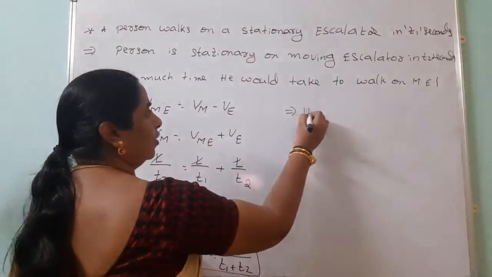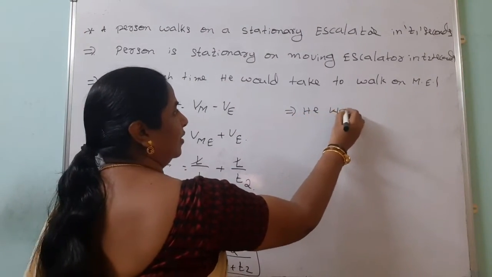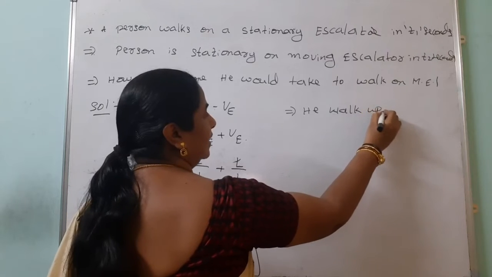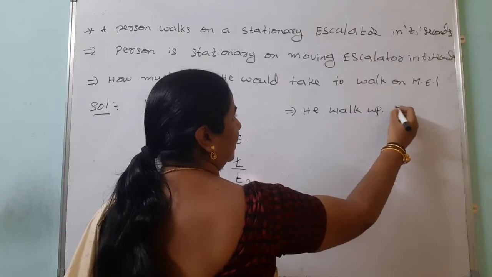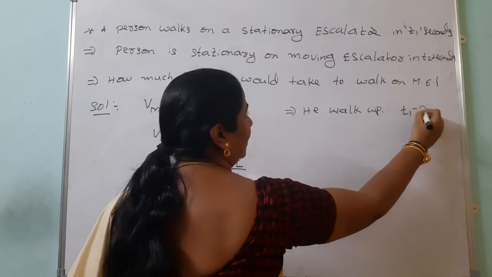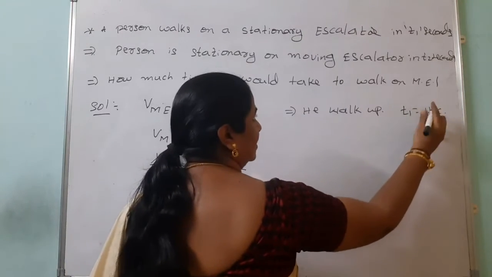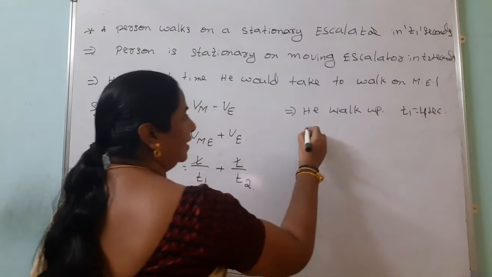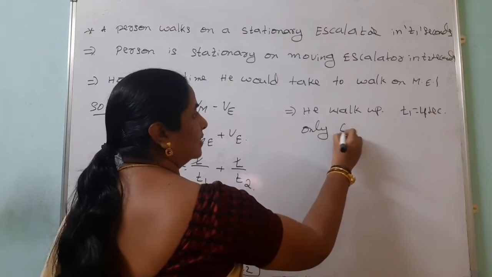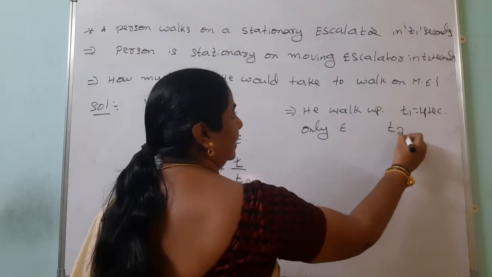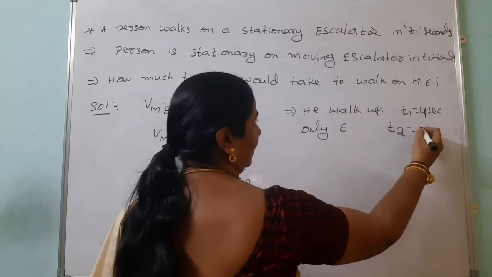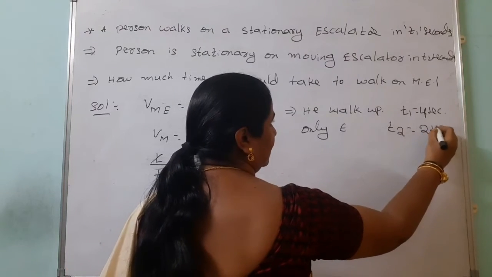See, he walks up the stationary escalator, the time is T1 equals 4 seconds. Only when the escalator is moving, we take T2 equals 2 seconds.